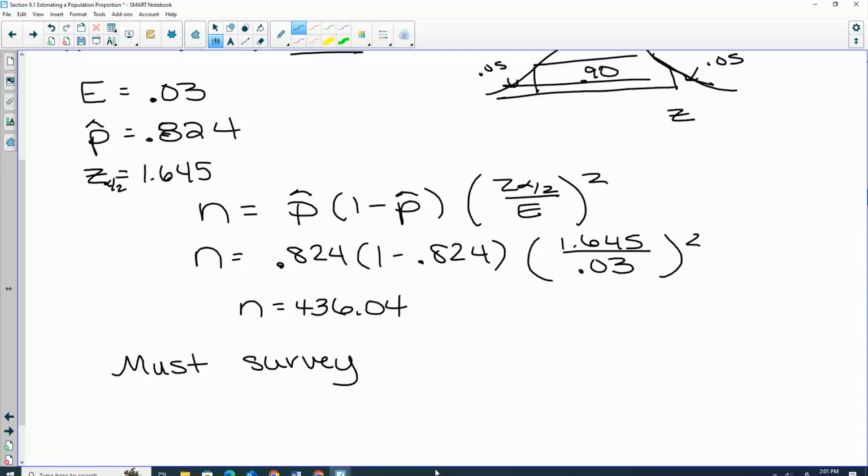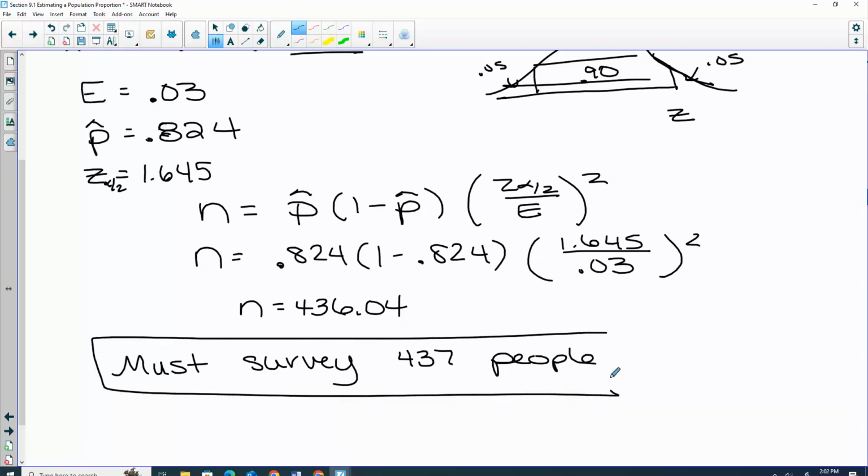Let's get 436.04. Anybody need me to look at the calculator? So we always have to round up here. If I only talk to 436 people, is that technically enough? No. So we have to always go up, 437 people, in order to be able to create a confidence interval that is within 3% and 90% confident.